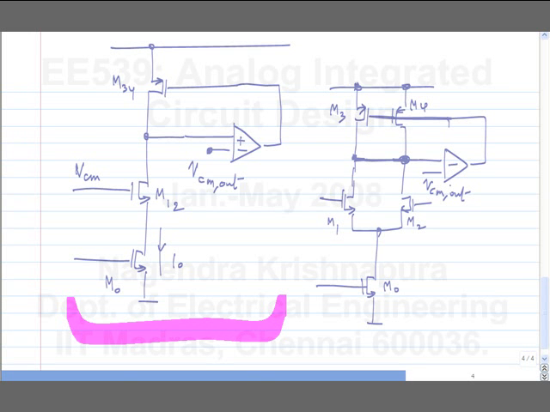So whatever feedback circuit you provide should be sensitive only to the common mode output, not to the differential output. This idea is correct. You have to somehow sense the common mode. In this case, there is only common mode because this is a common mode equivalent circuit. The question is, how do you translate to the fully differential circuit? You should do it in a way that the differential operation is not affected, but only the common mode is sensed and fed back to the current sources.